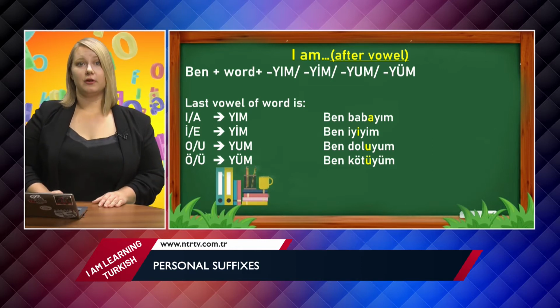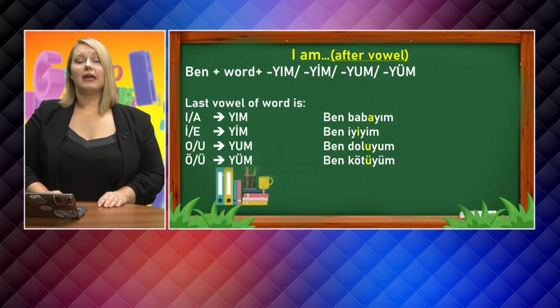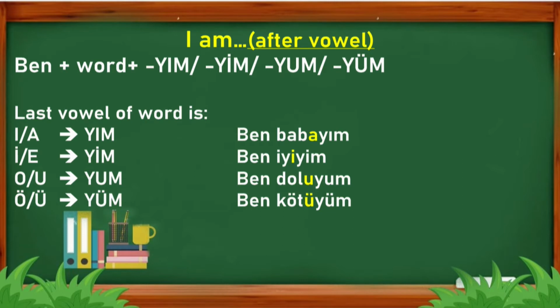I am a father. If the word finishes with e or i, we will add ye and im, as in ben iyiyim. I am fine or I am good. If the word finishes with o or u, we will add ye and um, as in ben doluyum, I am full.